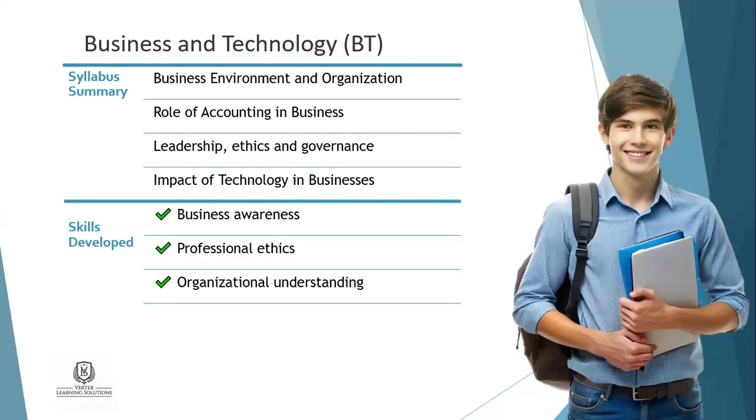When you start studying the BT paper, in the beginning you are going to learn what a business is, what different types of organizations exist, and how businesses operate in the real world.